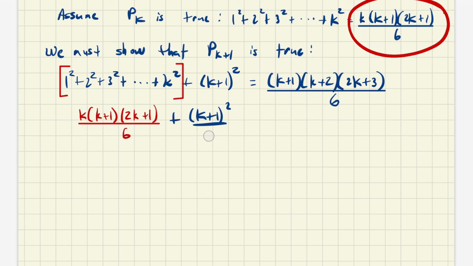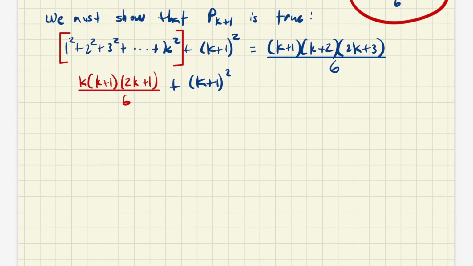So now we're going to have, I'll put this in brackets. Now you're going to have k(2k plus 1) over 6 plus k plus 1, close bracket. So all I did was I took out the k plus 1, and I factored it out, and now I'm left with k(2k plus 1) over 6 plus k plus 1.